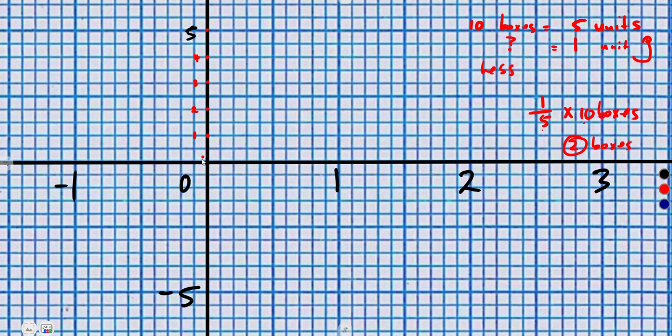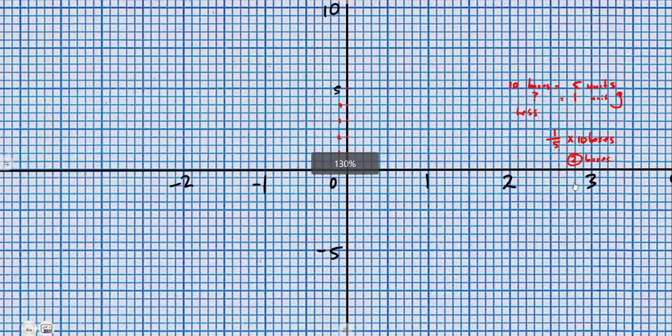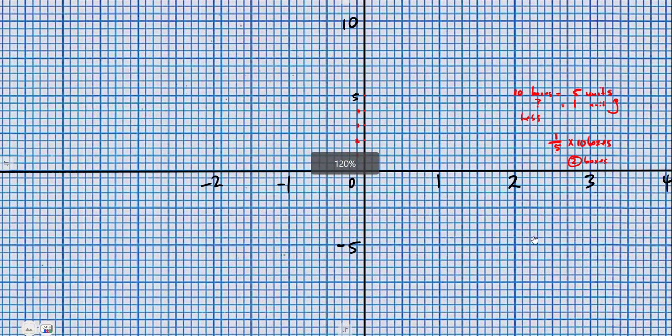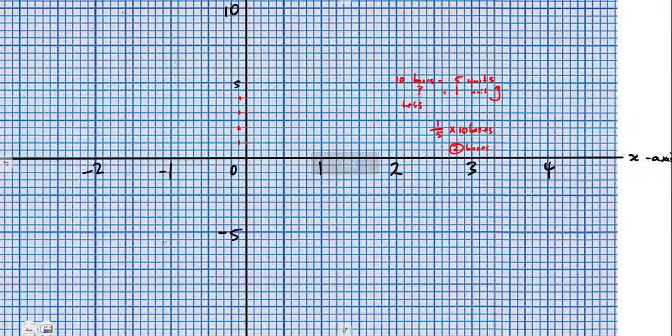Only that on the other side, one is counted after two boxes. Two boxes there, two boxes, like that. So you must be very careful on the presentation of the scale, how to interpret that scale actually. All right. So, anyways, now that we understand our scale, let us mark these points.